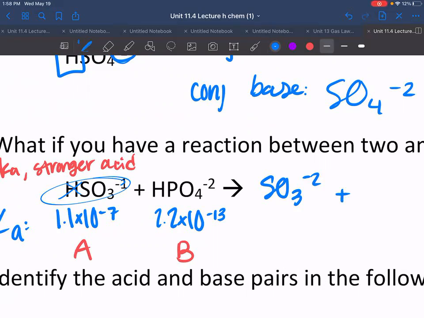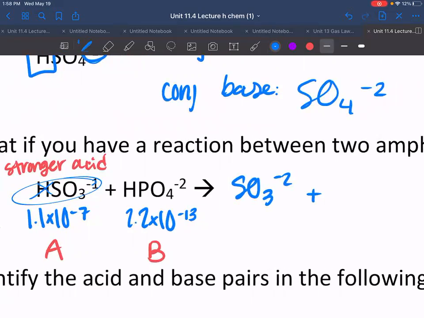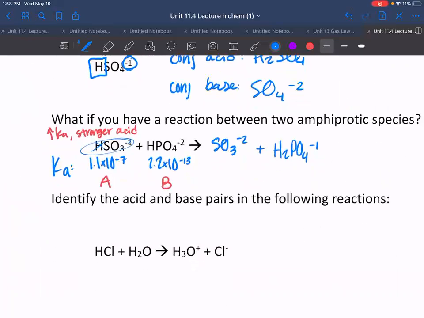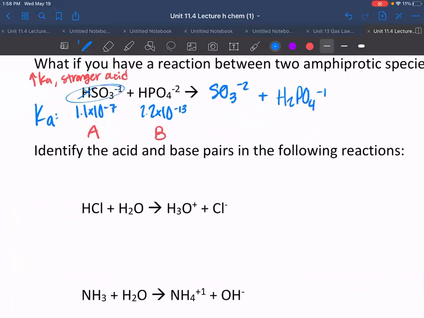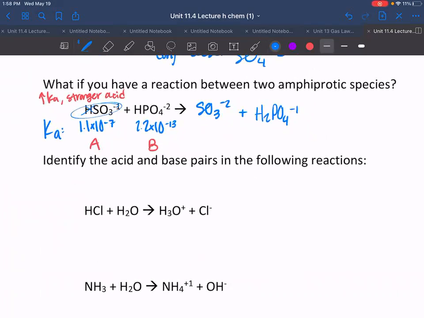That means the other species is going to accept that proton and become H2PO4 -1. So every time you accept a hydrogen, it's accepting a +1 charge. Good. All right, any questions about that one?